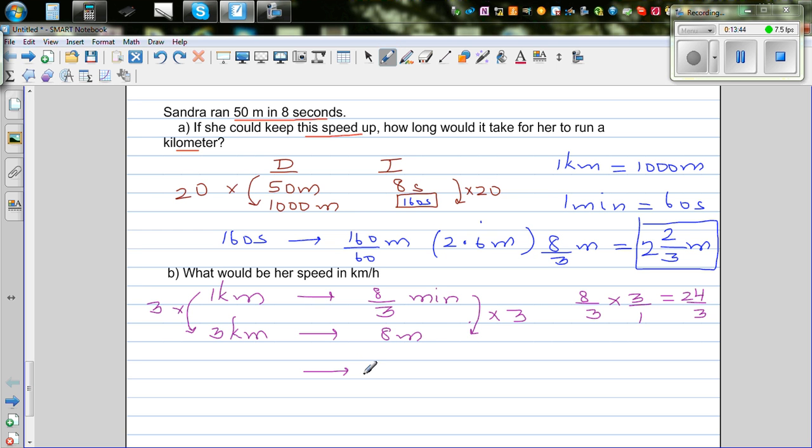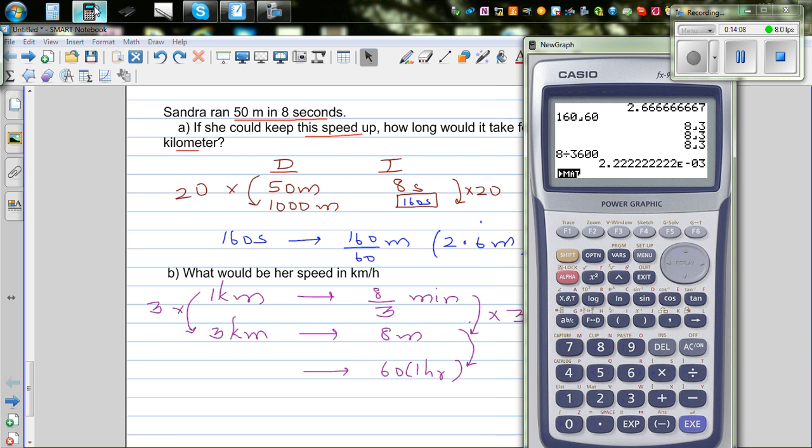Now I want to find in 1 hour, and I hope you know that 1 hour is 60 minutes. So 60 minutes is the same as asking 1 hour. So now I have to ask the question, 8 goes in 60 how many times? 8 times 7 is 56, so it should be more than 7. I'll use my calculator. 60 divided by 8 is 7.5.